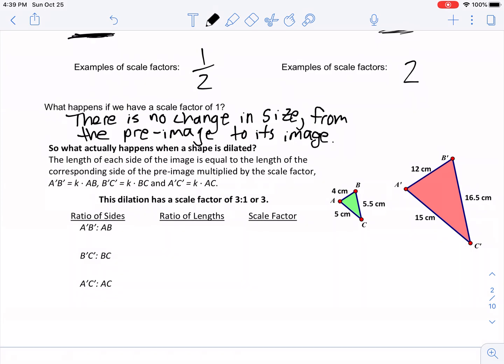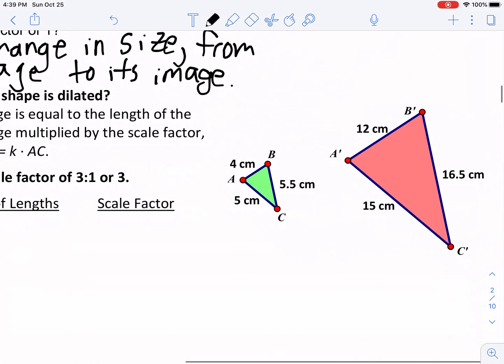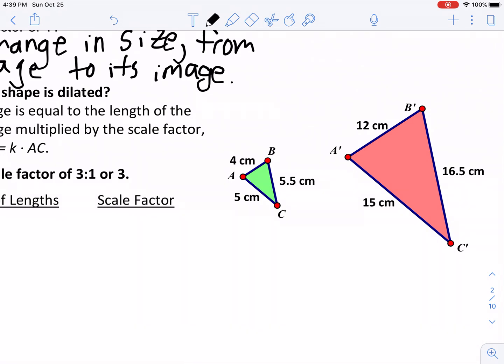Now, what I wanted us to focus on is this last couple of pieces here, and then we'll do the rest of this as notes in class together. What does it mean as far as the scale factor? When I dilate something, let's look at this example. Notice we're going from A to A prime, B to B prime, and C to C prime, and the order matters, okay? The length AB is 4 centimeters, and A prime B prime is 12 centimeters, so it's getting bigger.